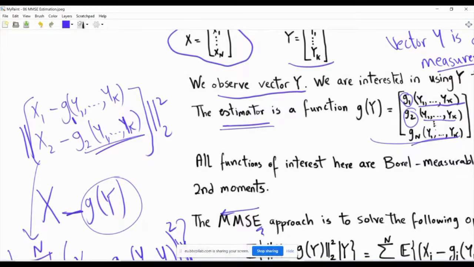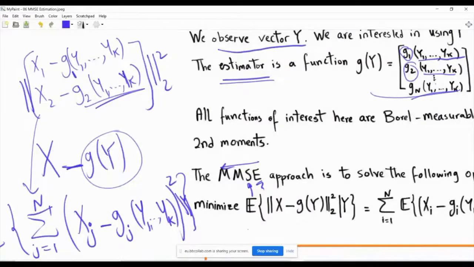So the difference between your estimate and the true thing is an error. So you talk about squared error, which means that you don't care about the sign of the error. You don't care whether x is greater than g or g is greater than x, and so you square.